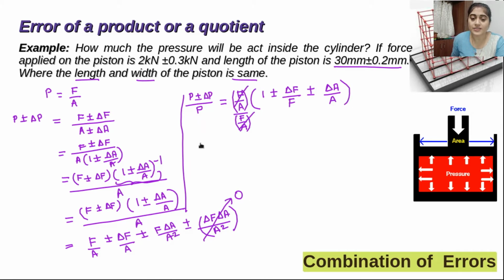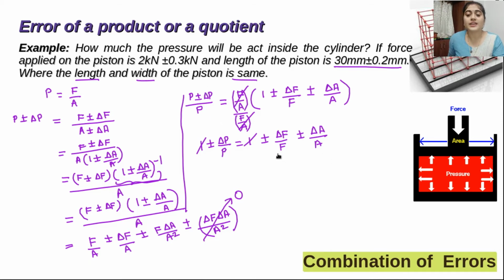So we can write 1 plus minus delta P by P equals 1 plus minus delta F by F plus minus delta A by A, and this 1 is cancelled out. So here again we can see what is the relative error of the final pressure when we are dividing the physical quantities.